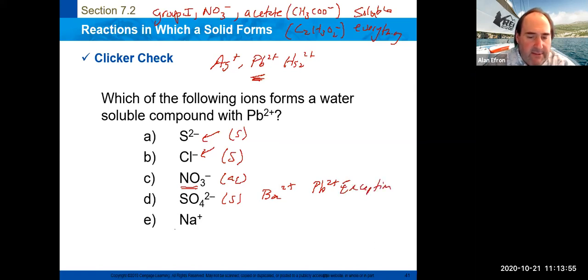And sodium is soluble in everything, but that option is lead with sodium, which is 2 positive ions coming together, which hopefully we know does not happen, right? The 2 ions that are positive won't come together. Opposites attract, things with the same charge go apart from each other. So we would not get it to come together at all in that particular case. So it looks like the correct answer here is C. Any questions on that there?